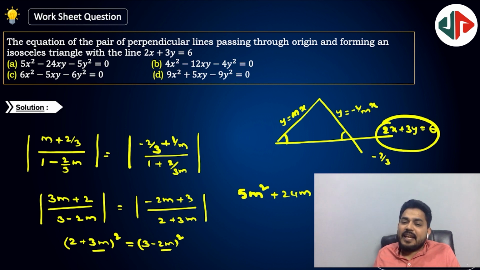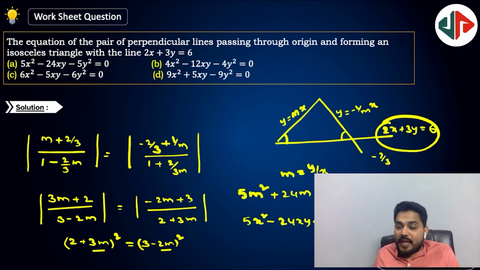In place of m, you can write y by x. So it is 5x square minus 24xy plus 5y square is equal to 0. This should be minus sign.